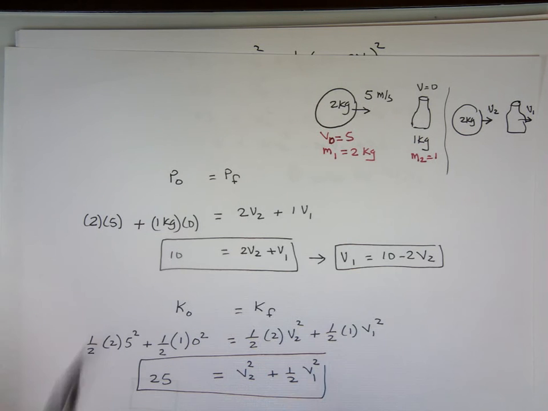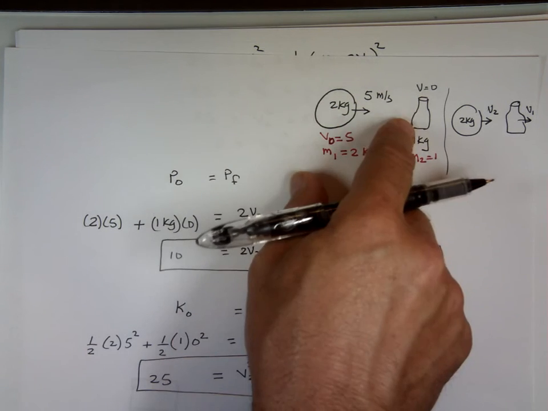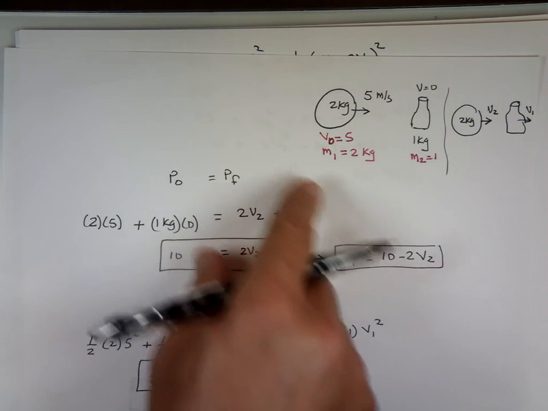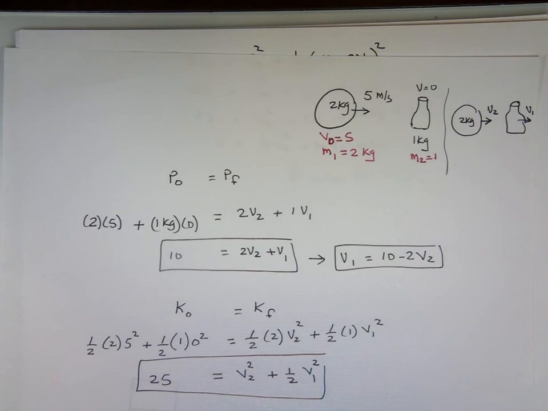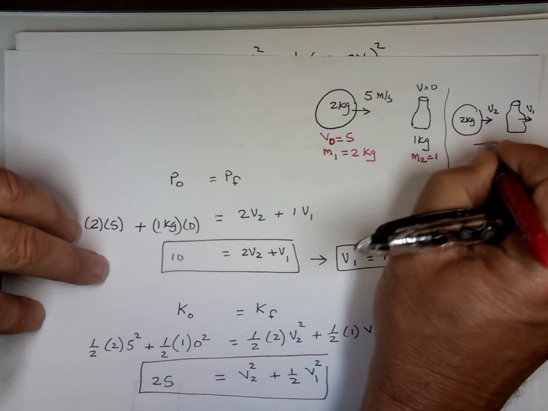You can figure V2 and V1, except they label them backward because they call this one 1, they call that one 2. So if you decide to go in that direction, they call this one V1 in our book, the one that's moving, and they call this V2.